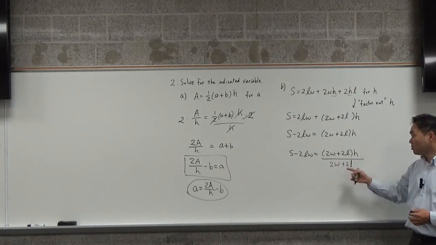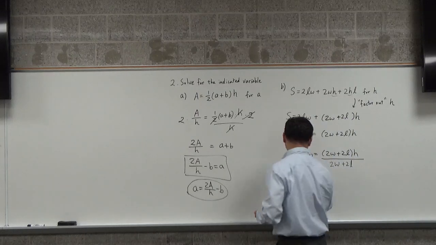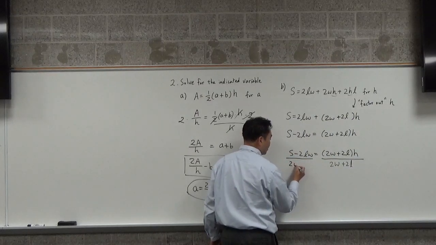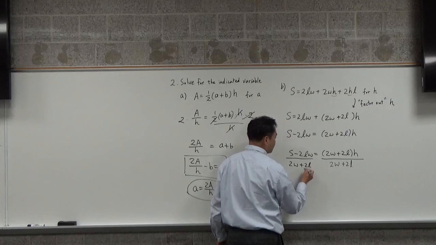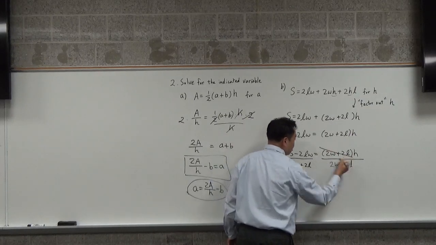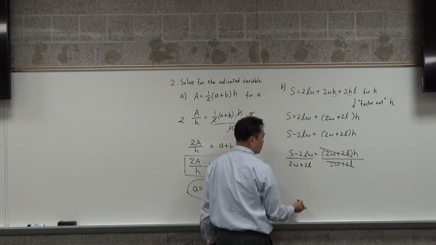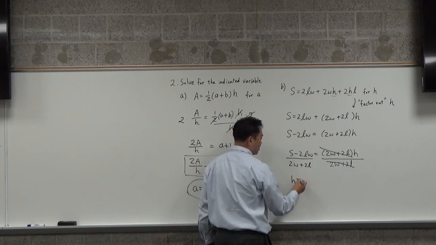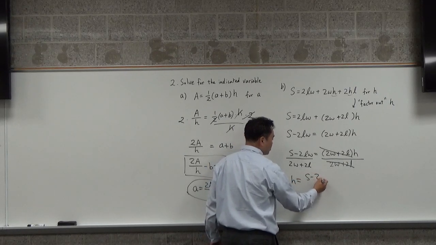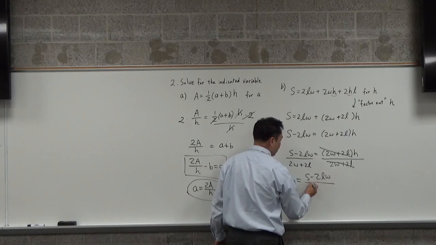The entire 2W plus 2L should be done away with. Okay. So that these two cancel away, and now you have H. Let's write down H equals S minus 2LW over 2W plus 2L.